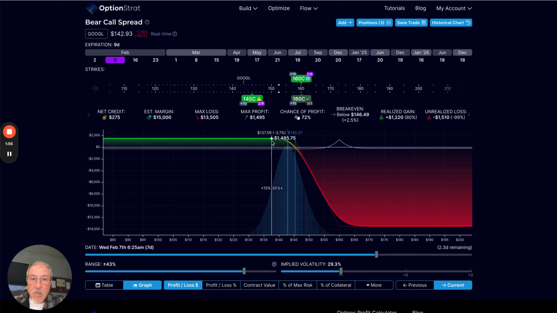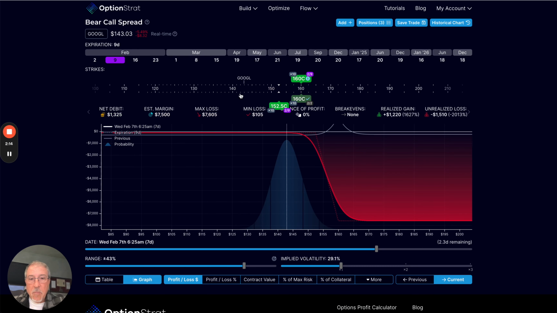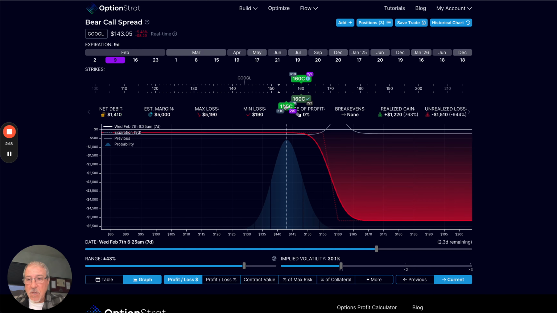I do not want to do this trade right here where this is, because that's a 15-point spread on a 10 lot. That's a lot of pain. That's $15,000 in pain if Google did go hard against me to the upside. So I really only want to consider this if the market gets up, back into the 150 range, where I could sell a 152, a 157, somewhere along those lines, where my risk is more minimal.